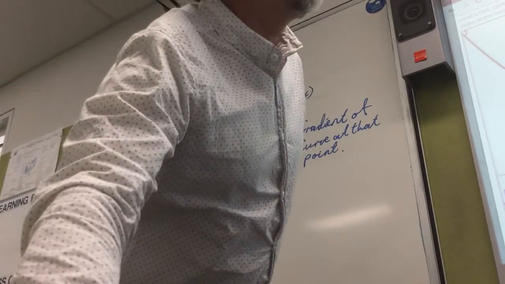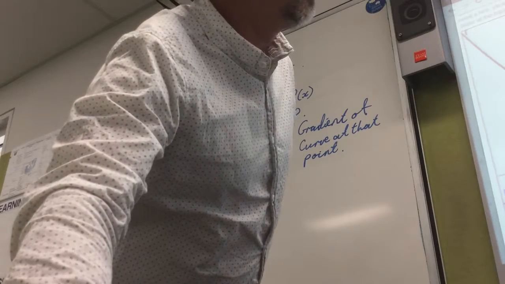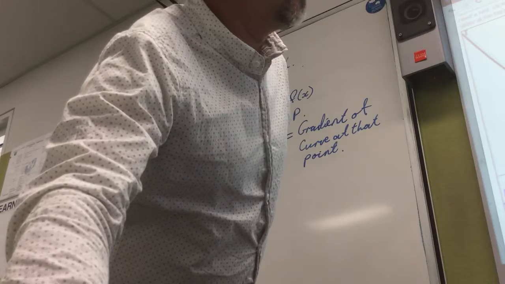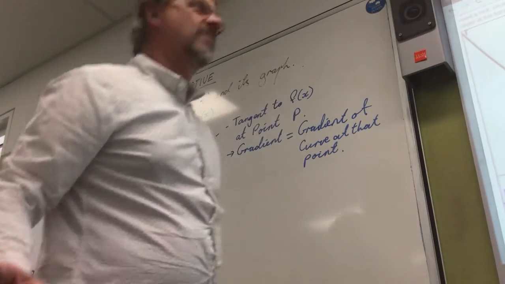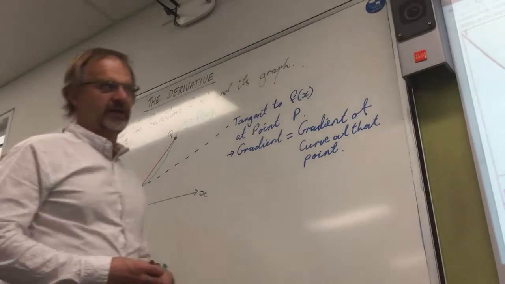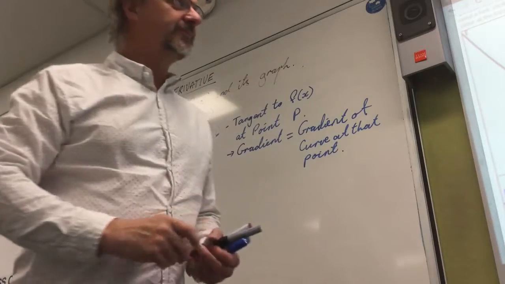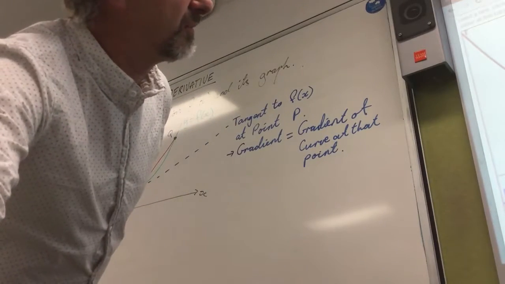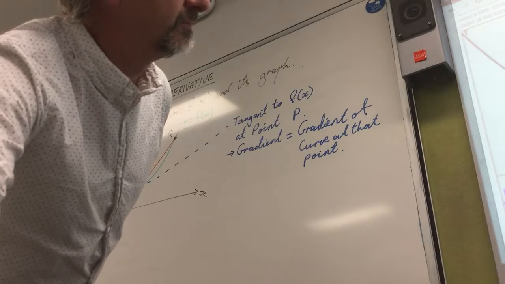But if I move this point here, point A, point Q, moving it down the curve closer to point P, now you can see that the gradient is getting closer to that blue one. And the more I bring it down, the closer it gets.